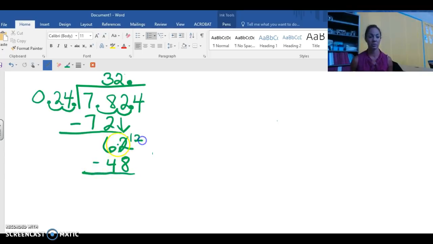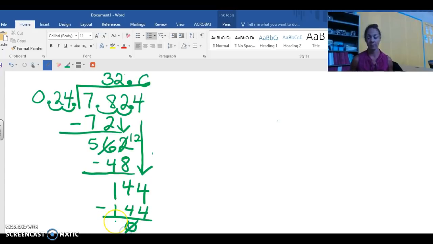Turn the 2 into a 12 because you have borrowed from the tens. 12 minus 8 is 4. And 5 minus 4 is 1. Bring down that last 4. And you now have 144. So 24 times 6 equals 144.